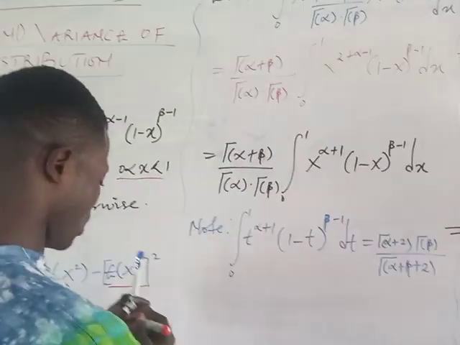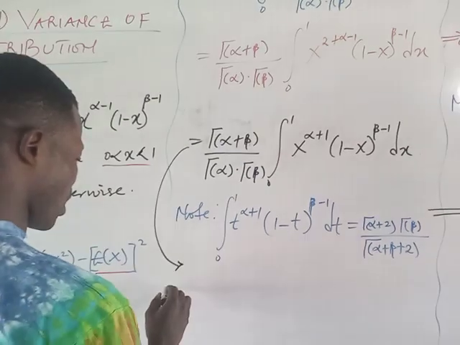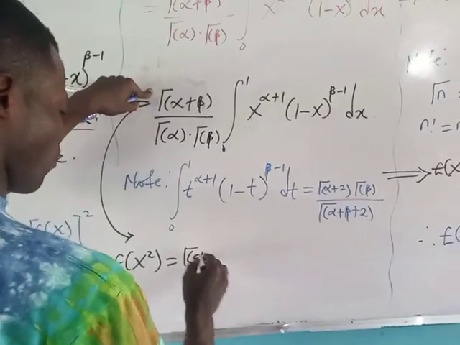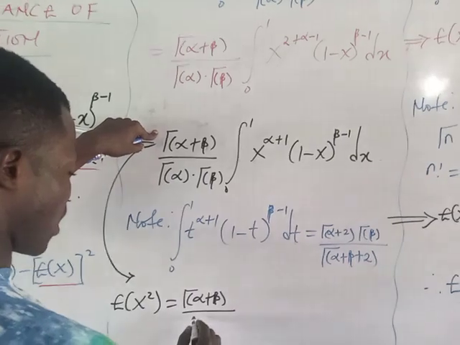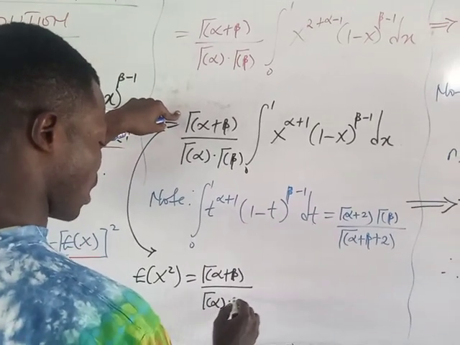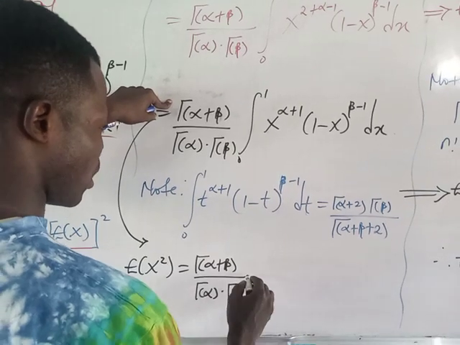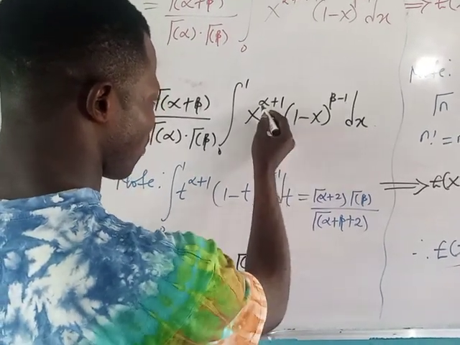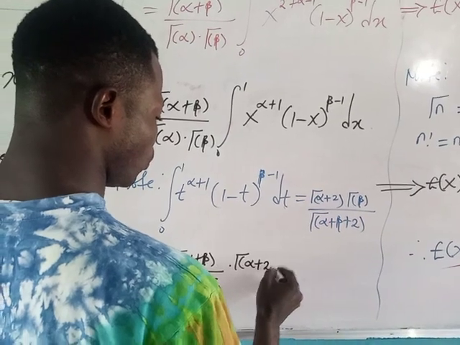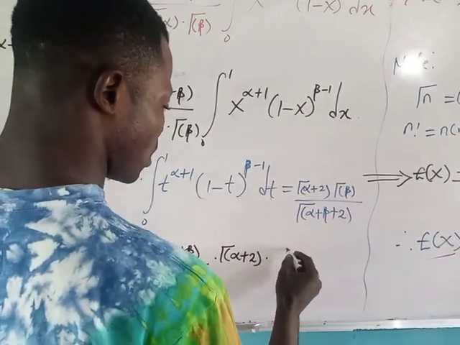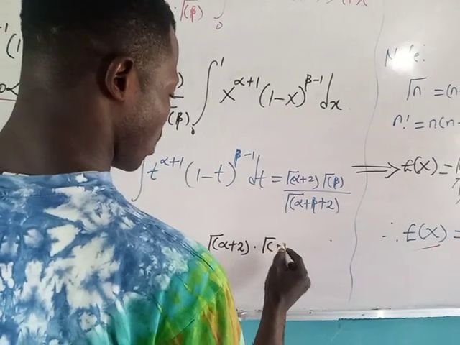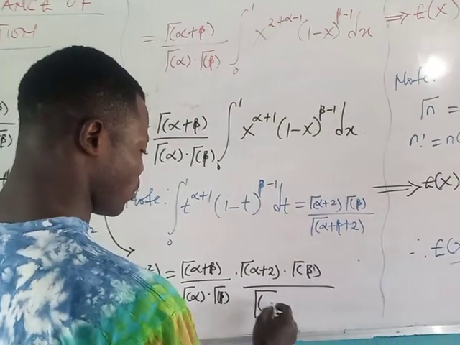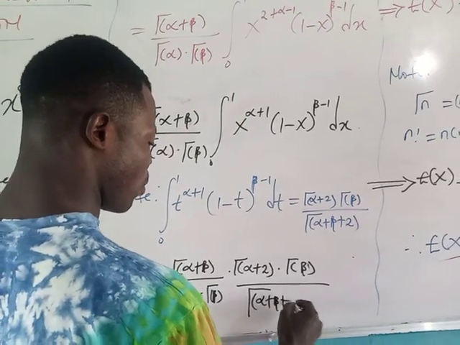So this can be written from here as expected value of x squared equal to gamma alpha plus beta all over gamma alpha times gamma beta, then this in the gamma function will give us gamma of alpha plus 2, times gamma beta, all over this plus this in gamma form, gamma of alpha plus beta plus 2.